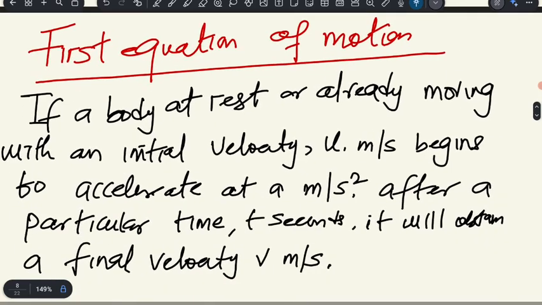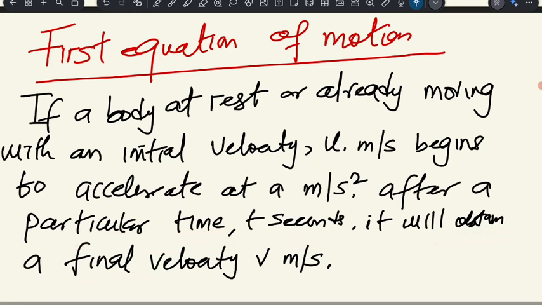In the first equation of motion, suppose a body is already moving with an initial velocity u meter per second, and begins to accelerate at a meter per second squared. After a particular time t, it will obtain a final velocity.